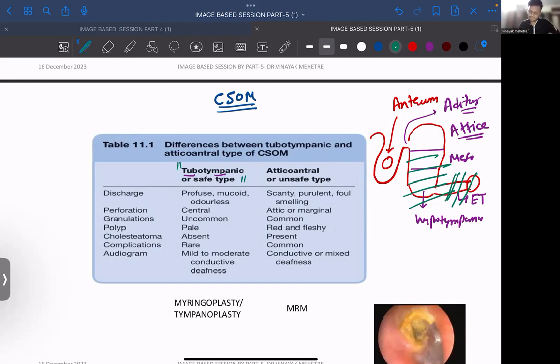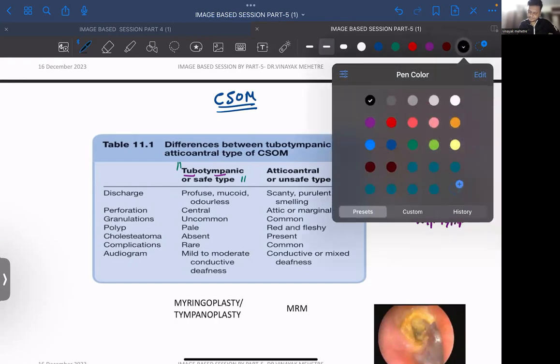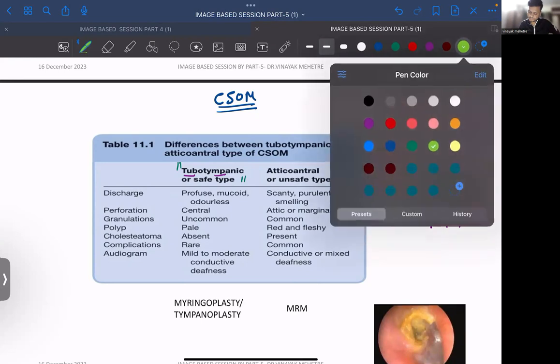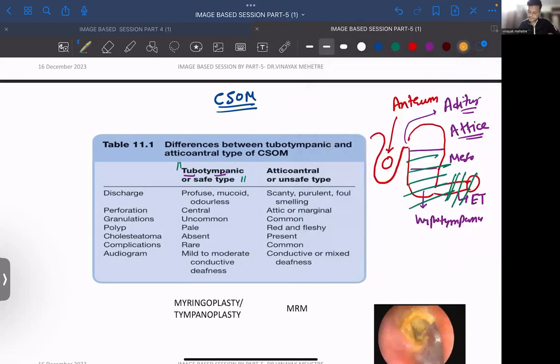Attico-antral means the attic and the antrum, the largest air cell of the mastoid, are involved, and it is called unsafe CSOM. The names are written, but you never know which one to call what.